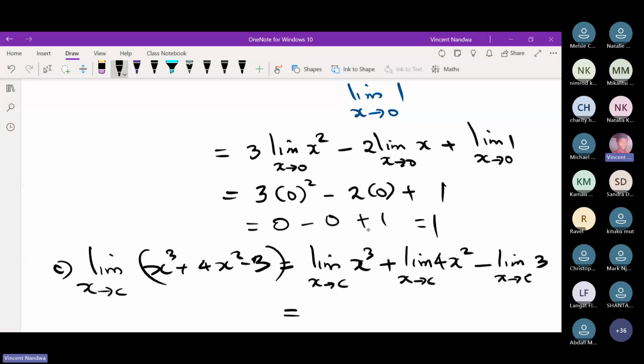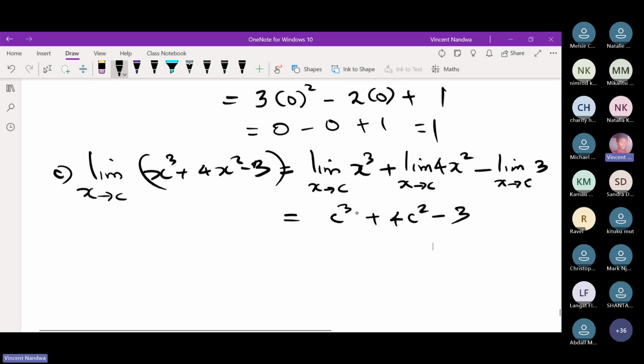Then you directly substitute where there's x, you put c. So we'll have c to the power 3 plus 4c squared, and then the limit as x approaches c of 3, which is 3. So this is the final answer to that given problem.